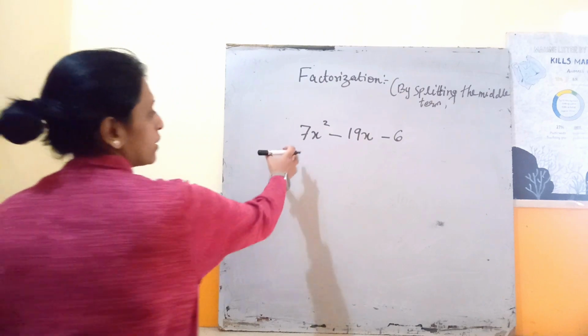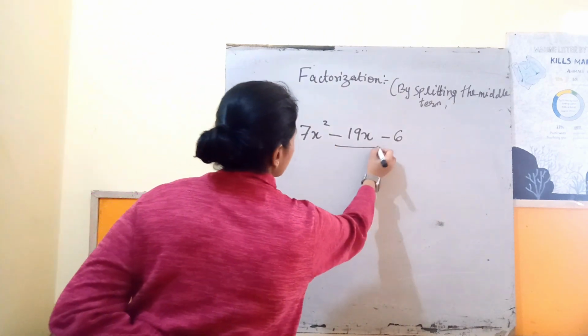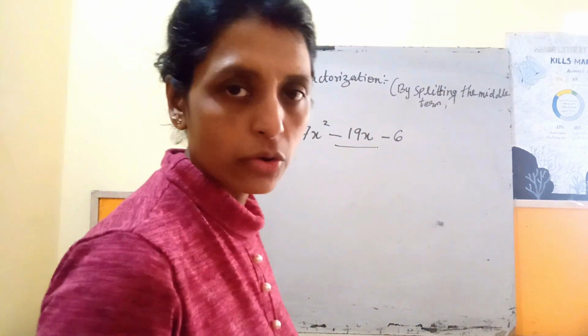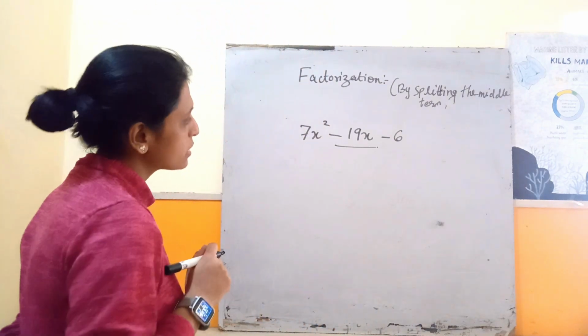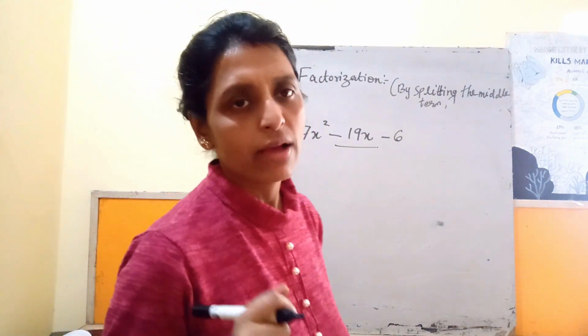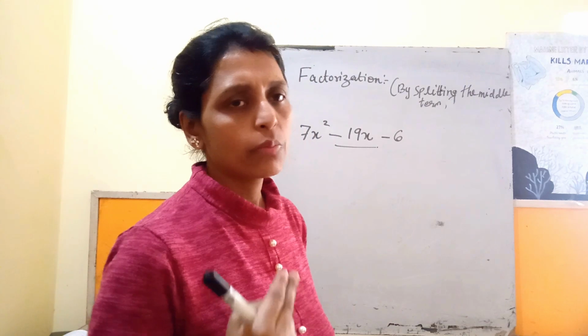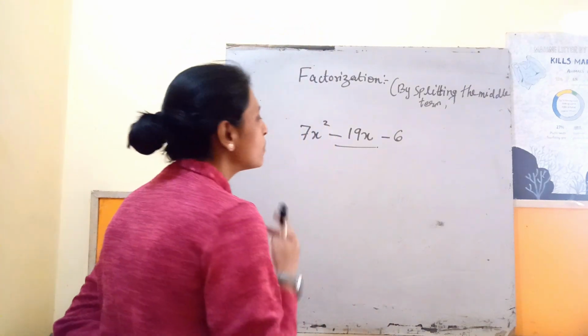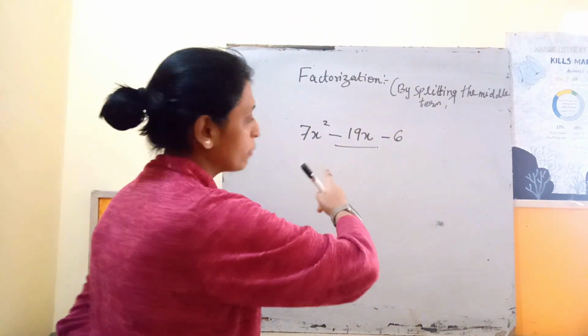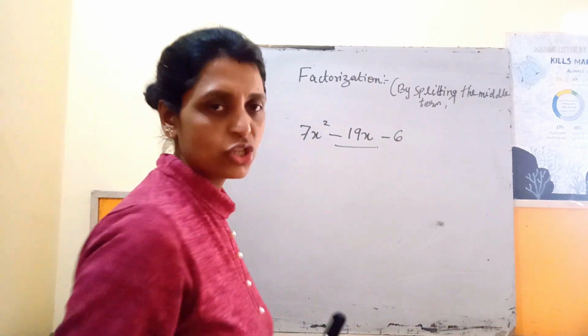So you can see that there are three terms, so this middle term will be minus 19x. The first step is that we have to see what two numbers we should take so that by adding those two numbers we will get minus 19x.